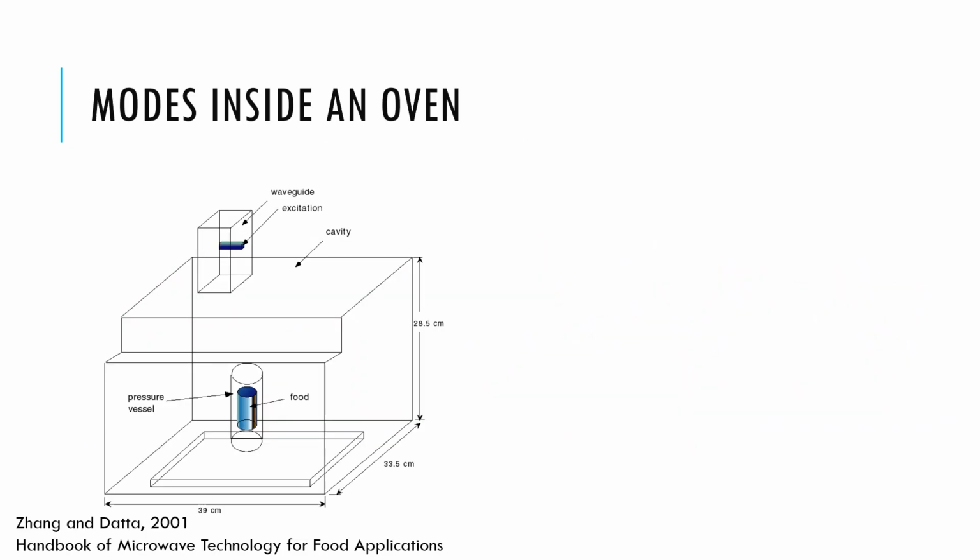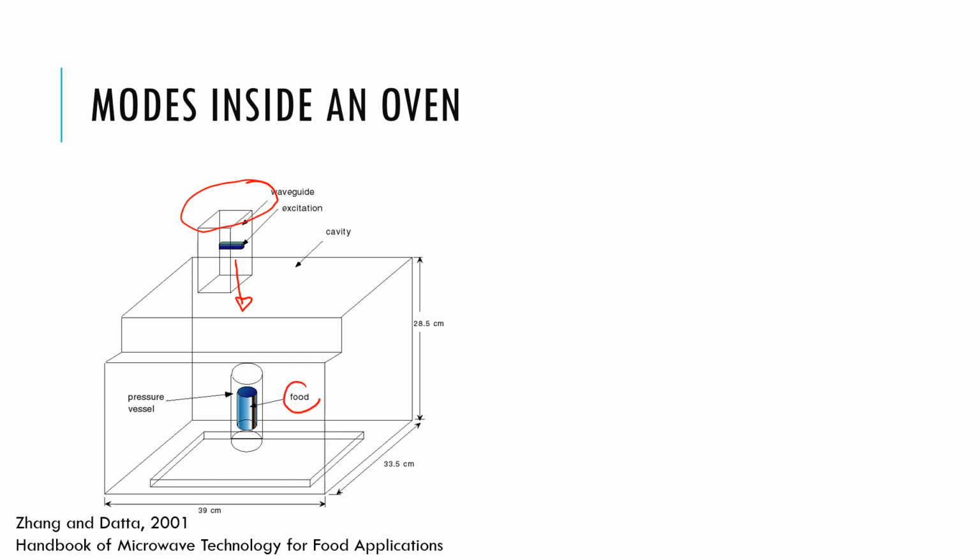So back to the oven, and in this case another oven. It's not a home oven, but still a regular microwave oven, built more for experiments, and we did a lot of modeling and experimental work with it. So I'm sharing this one with you. Again, the magnetron is here, and the waves are coming in here, and then they will get reflected inside.